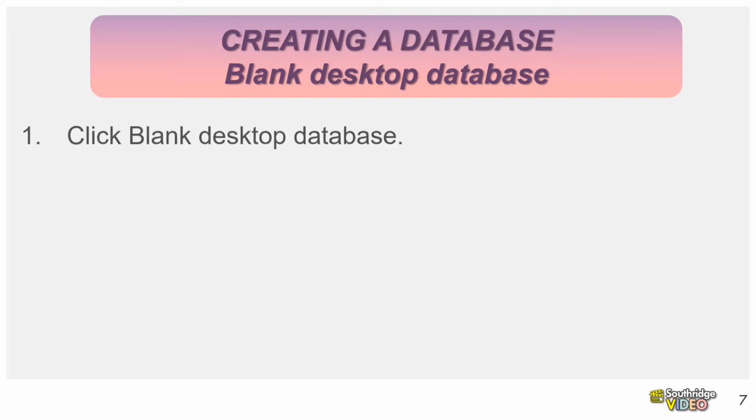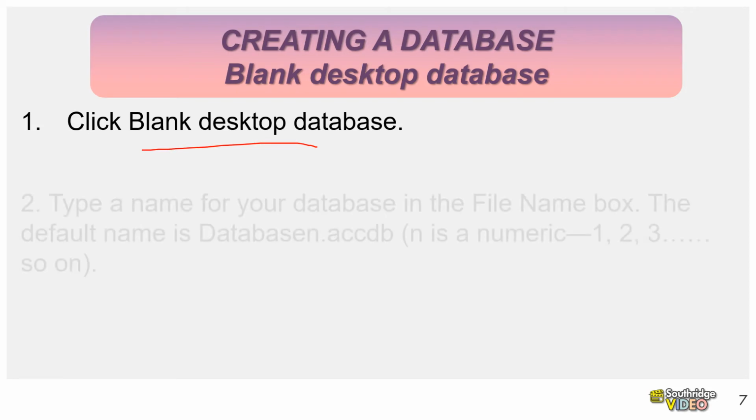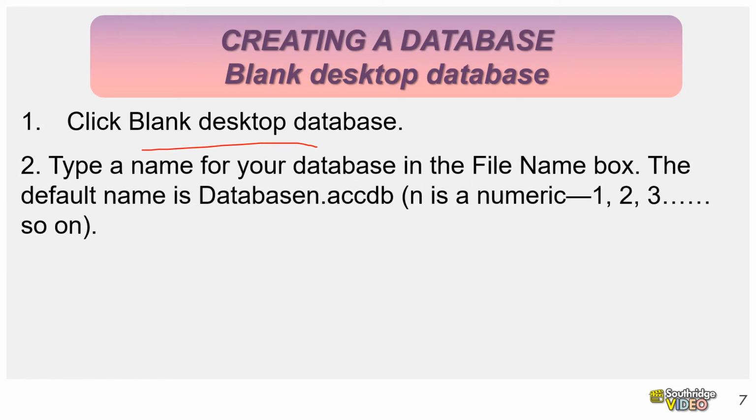The first step, you have to click Blank desktop database. Step 2, very simple, type a name for the database. In the File Name box you can type the name. By default you can see Database n, where n represents the number.